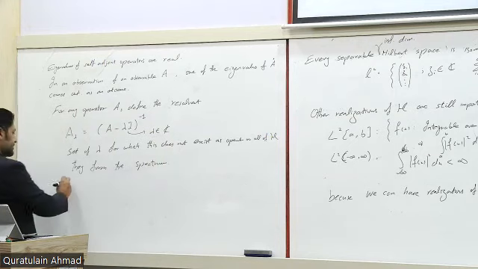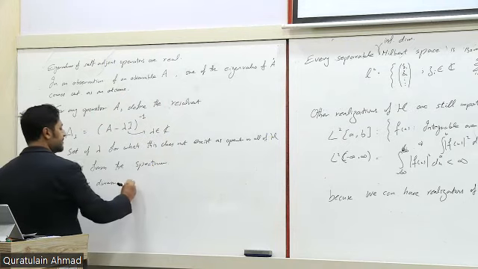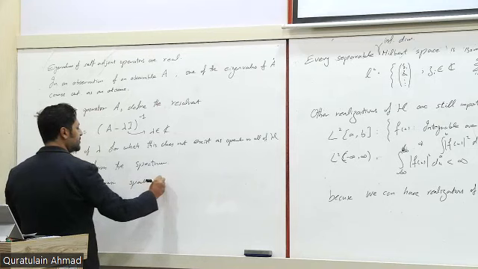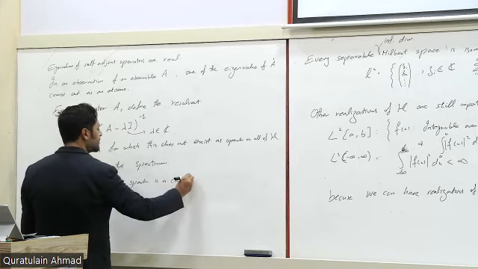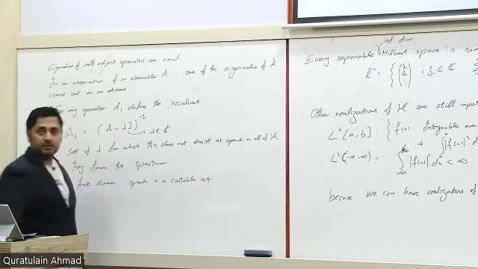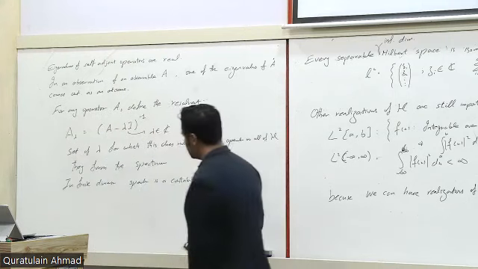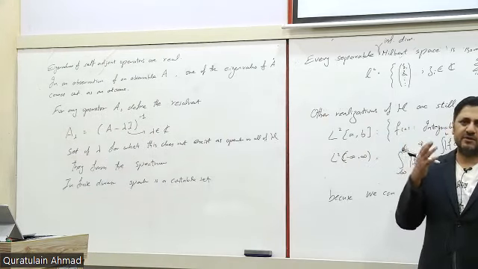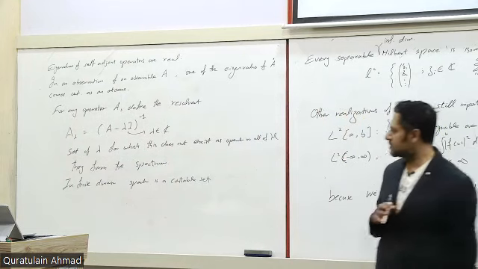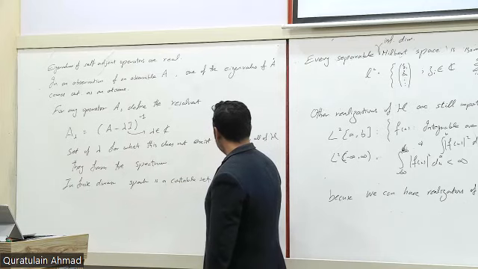Now in finite dimensions, the spectrum is a countable set. Yeah, so for finite dimensions, it's easy. Everything is easy in finite dimension. That's why I said always keep in mind finite dimensions and only worry about infinite dimensions later on. So it's a countable set, you have a discrete spectrum.